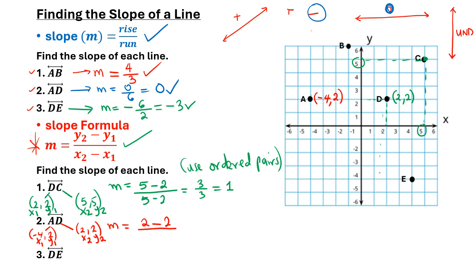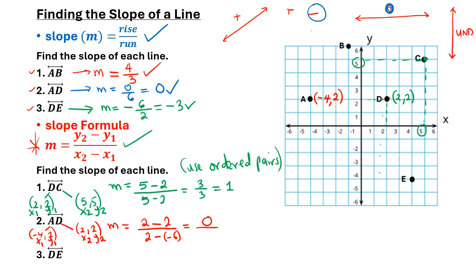For the denominator, we have x2 minus x1, so 2 minus x1, and x1 is -6.